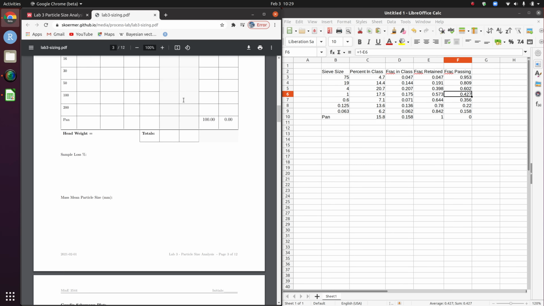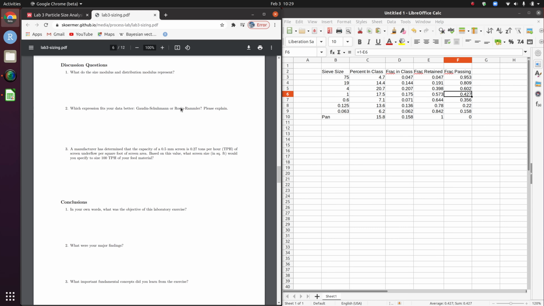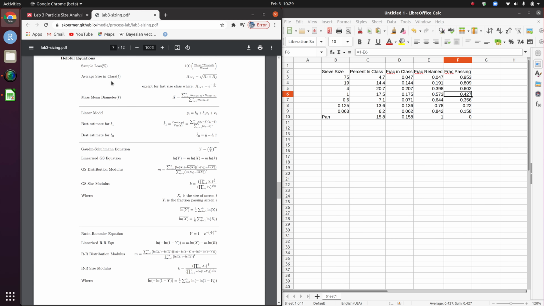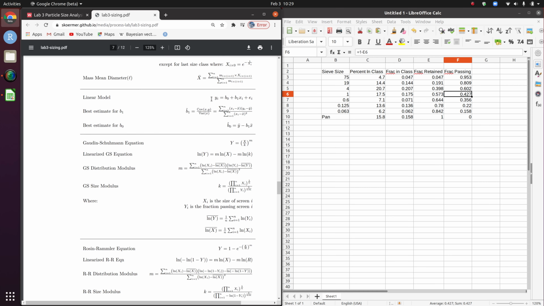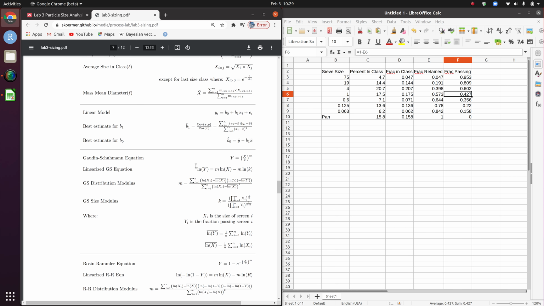Opening up the lab and scrolling down to the equation sheet. As we discussed in class, what we're doing is taking this nonlinear equation, transforming y and x so it's a line, and then fitting a line. Right, so first let's transform y and x, and then we'll be able to solve for m here.